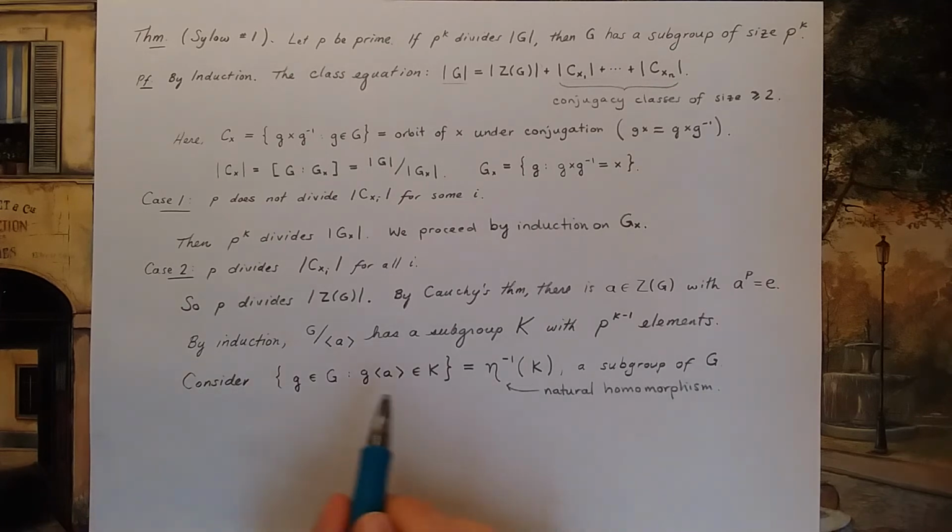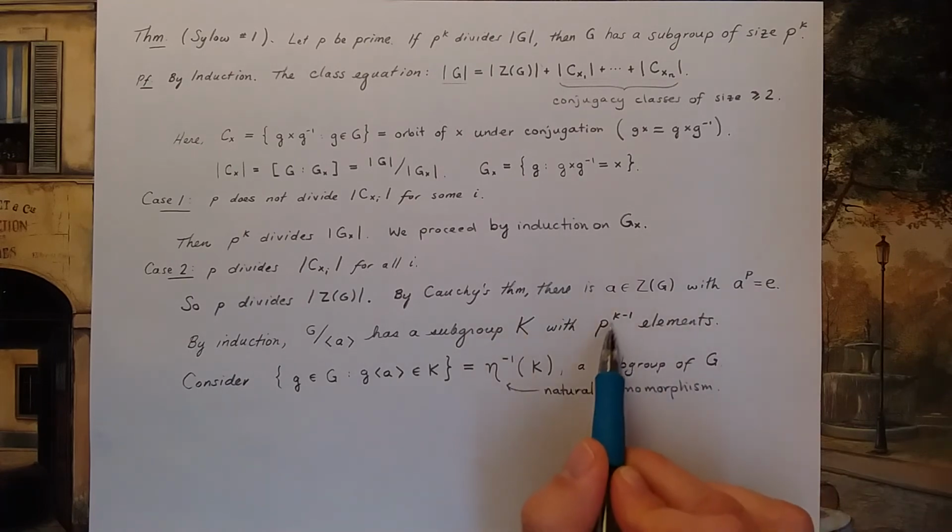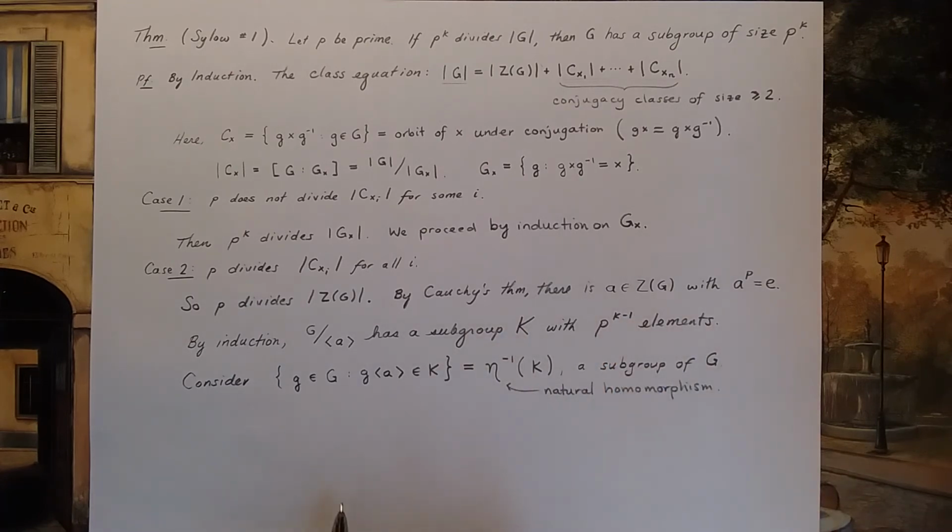Well, here's how you can select an element in this subgroup. You could first select one of the cosets, one of the elements in K. There are p to the k minus 1 choices in there. So once you pick a coset, you could also pick a power of A to multiply with your G.